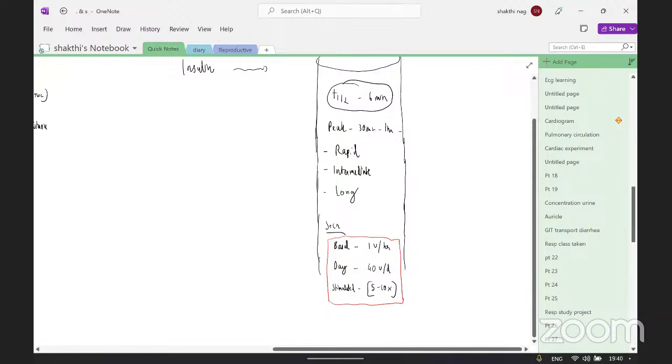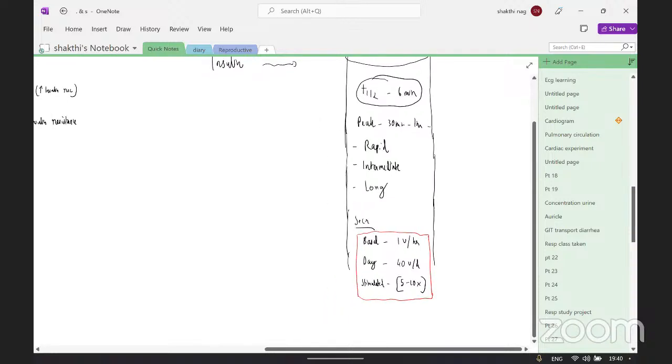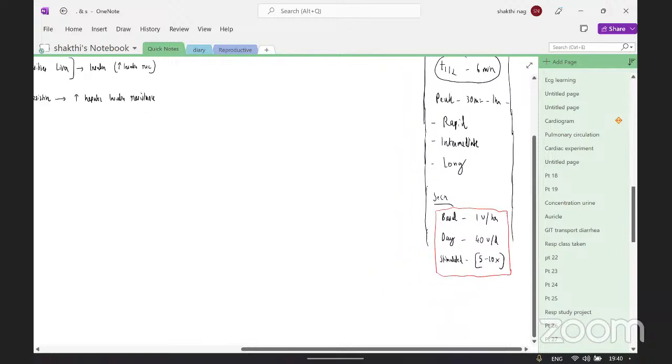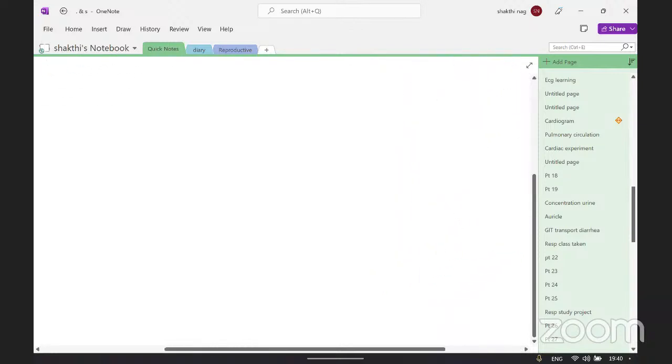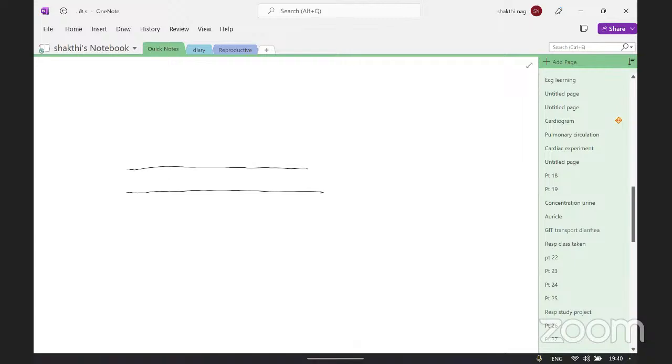I'll teach you the basic version first, and after that, if you do require the complicated version, I'll be more than happy to help you with that. Now we have your insulin which has been released and is going in the circulation. It does not generally need any binding proteins because it is water soluble, it's a polypeptide.